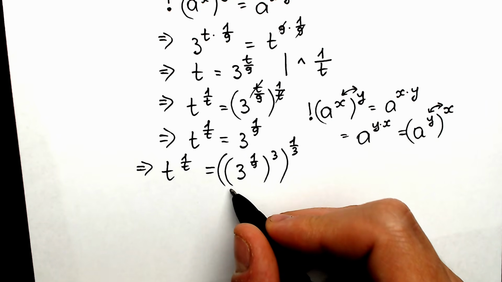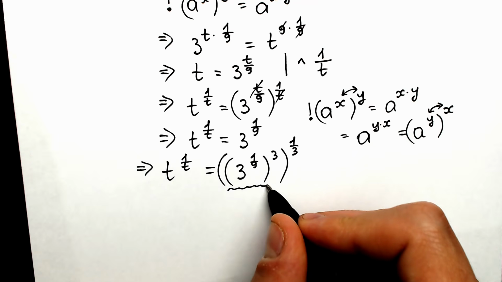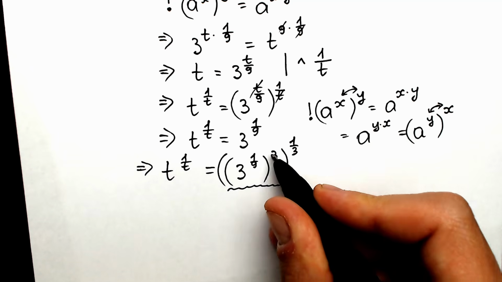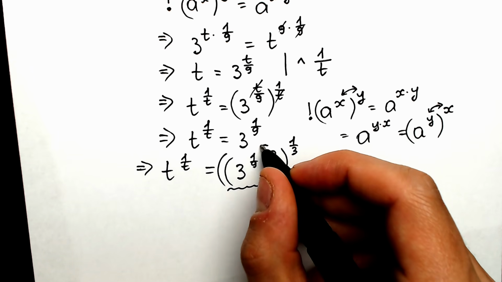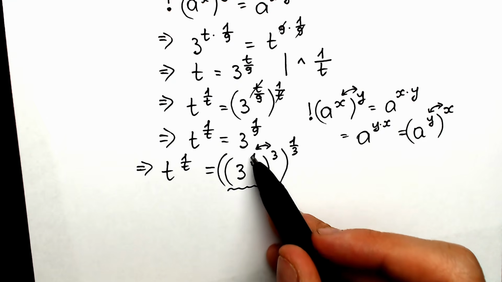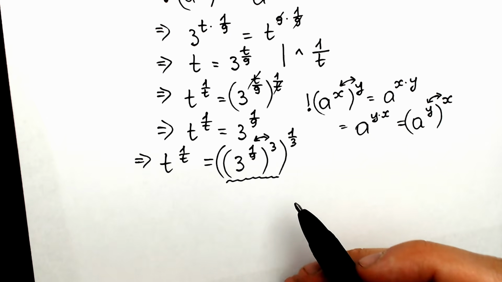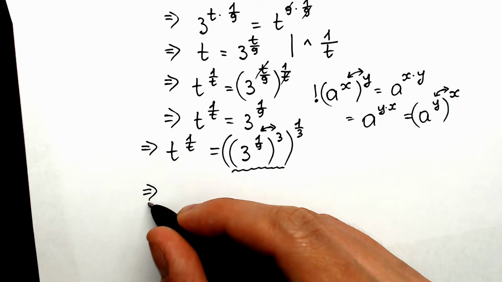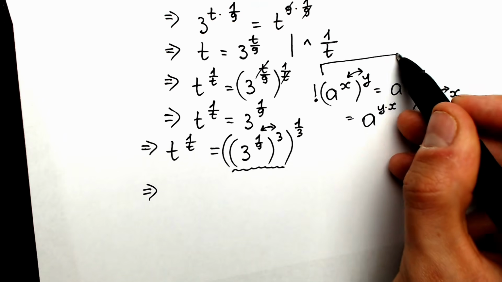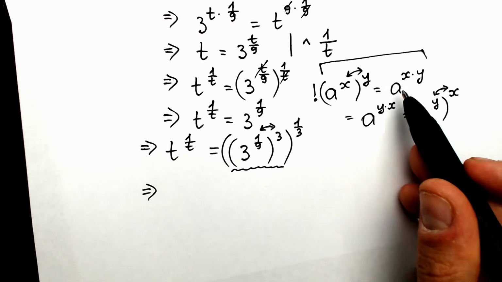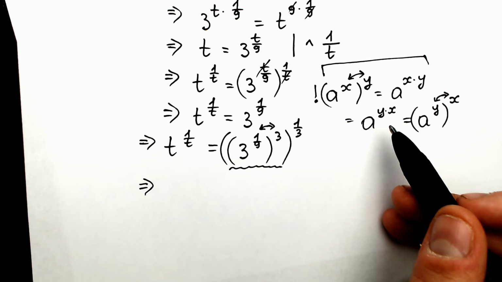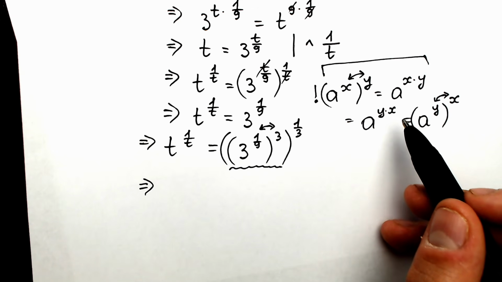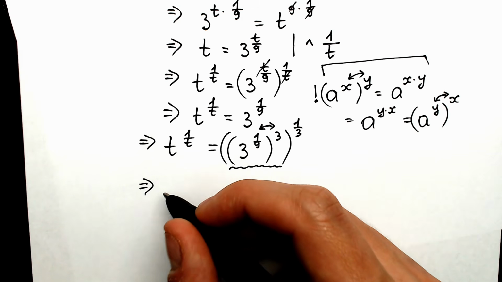And I want you to look closely at these parentheses. So we have a to the power x raised to the power y. So we can easily swap this 1 over 9 and 3. So let's do it. According to this property, it is extremely important for you to learn it in this case. This is an extremely interesting part of this property.